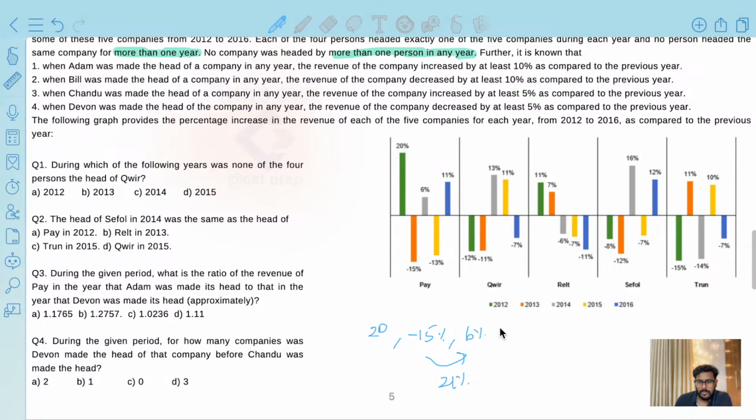Then to minus 13, then to 11%. That's an increase of 24%.